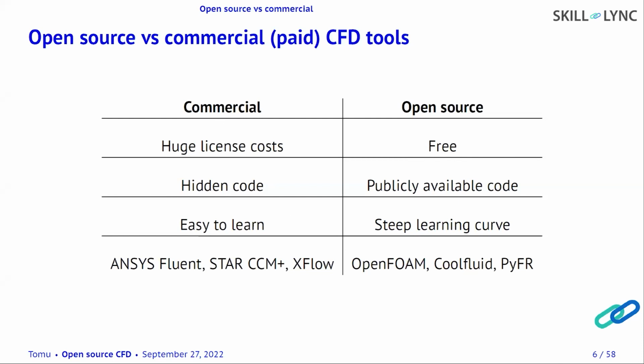If you want to modify some part of the CFD simulation, apart from your geometry or your setup, or whatever limited options are available in the tool, there is nothing you can change. But in the case of open source tools, the code is publicly available. You will be able to change some part of the code and check how your results are varying. So you will be able to use the most optimized code.